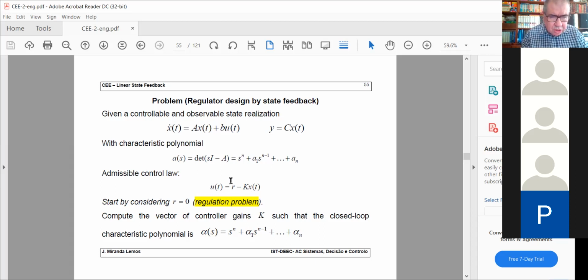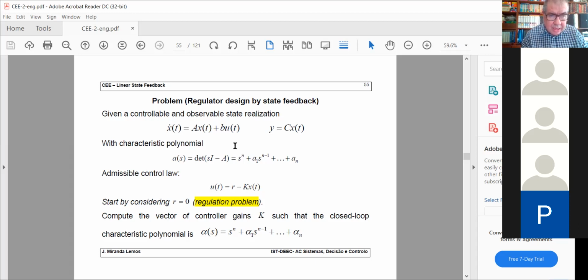So think that it is there, but it's 0. So you just do a state feedback, and your problem is to stabilize the system. So imagine that your system is not stable and you want to stabilize it. So you want to impose the closed loop poles. So the closed loop poles are obtained by forcing u to be r minus Kx.